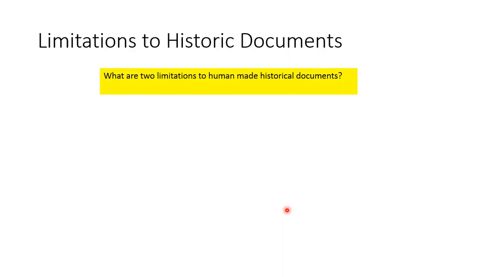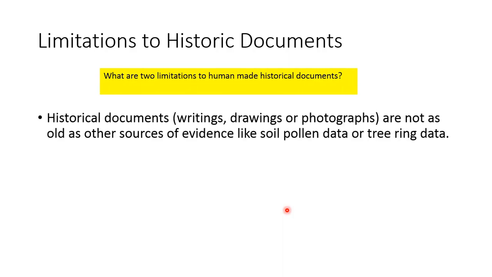So limitations to historic documents. And the question is, what are two limitations to human-made historical documents? Historical documents, writings, drawings, photographs are not as old as other sources of evidence like soil, pollen, or tree rings. So that's one limitation, is that these are only for specific times when people were doing the writing, the drawing, or the photograph, and they don't tend to go back further than when the humans were here.